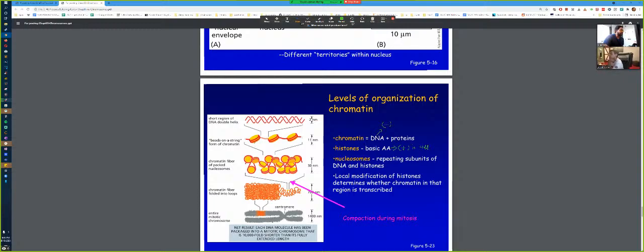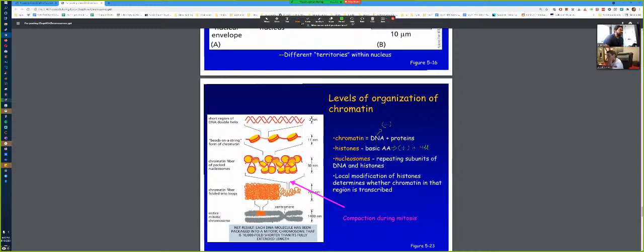The yellow thing here is the histone, and the DNA loops around it, and then here it's just regular DNA, and then more of these nucleosomes.